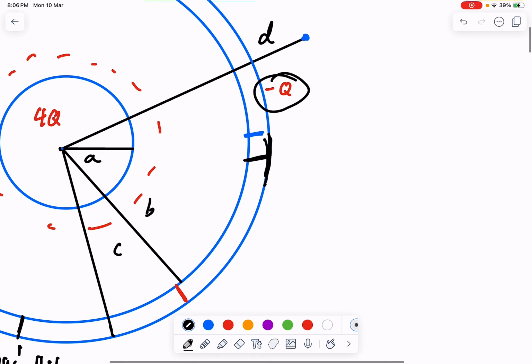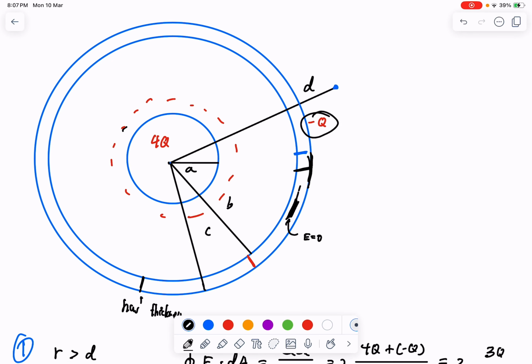We know that the electric field inside this region that I'm shading is 0. That's a given. That's a must because the shell is a conductor. This means that if we draw a Gaussian surface inside the thickness of this sphere, the Q enclosed in this Gaussian surface must be 0.